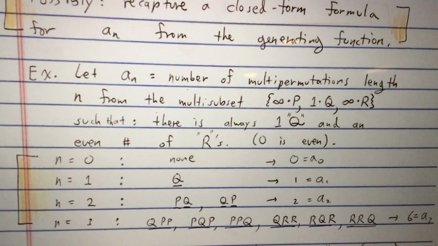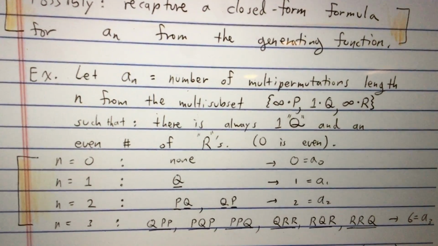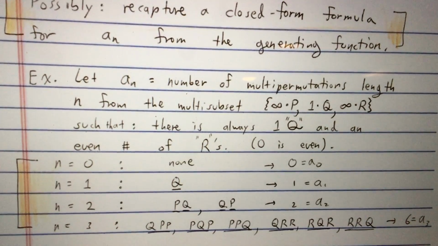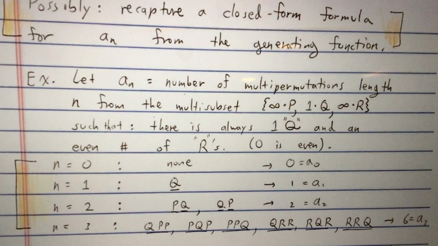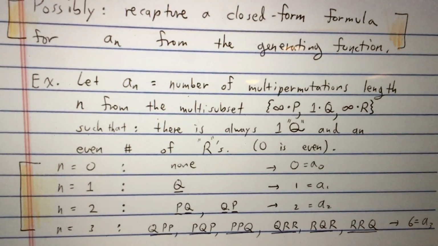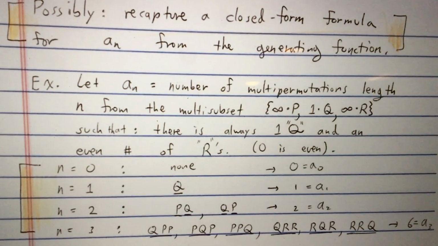You have to have an even number of r's. So you have qrr, rqr, or rrq. So that's a total of 6. So 0, 1, 2, 6. Not seeing a pattern yet myself. But actually, you could probably come up with a pattern for these.